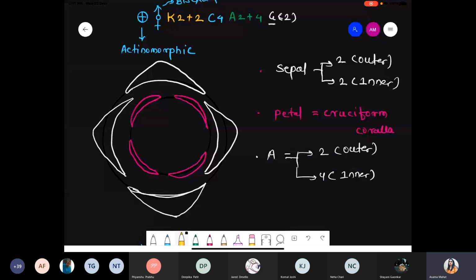Quickly, these are the parts of the androecium. 2 are present toward the outer side like this, part of the androecium. And now the remaining 4. 1, 2, 3, and now these are the 4.